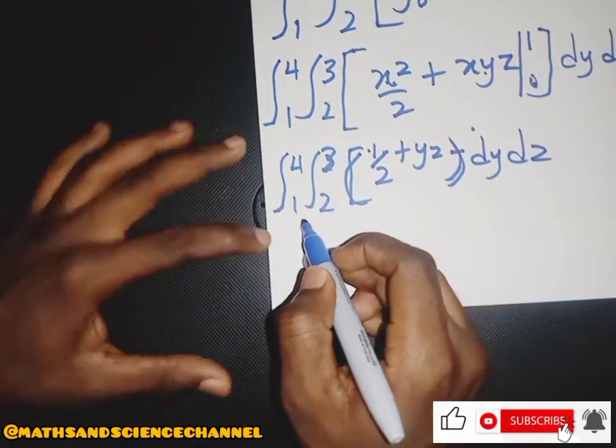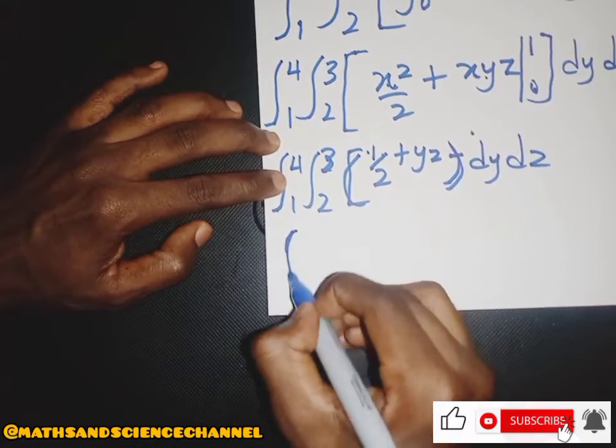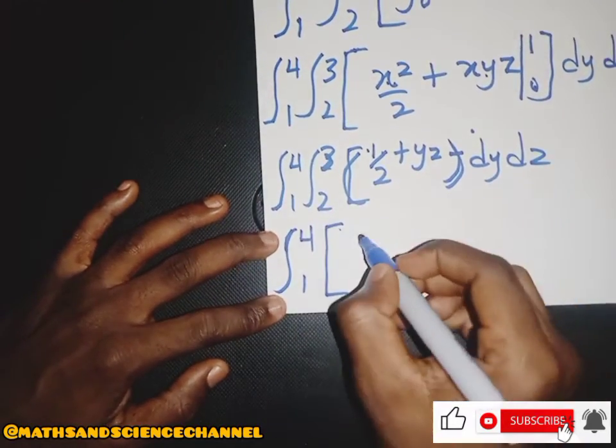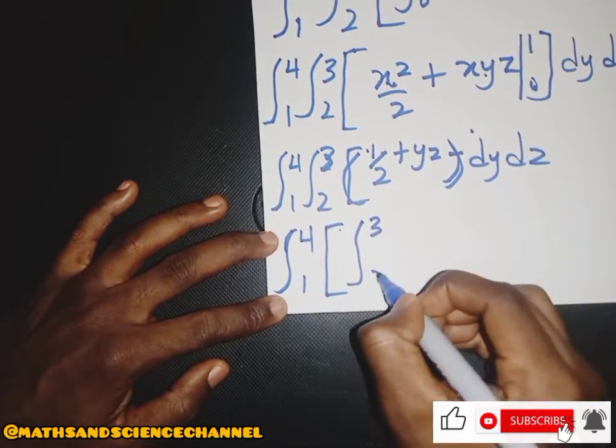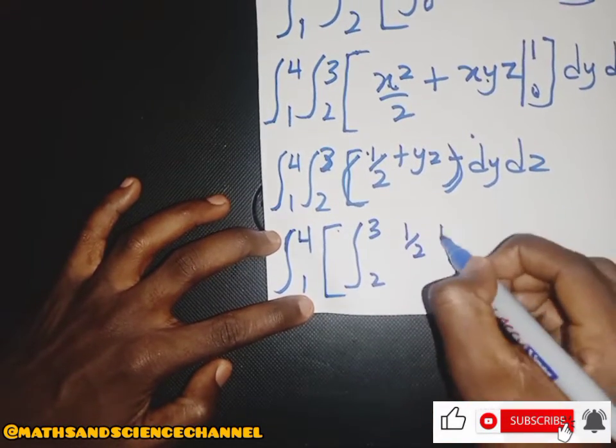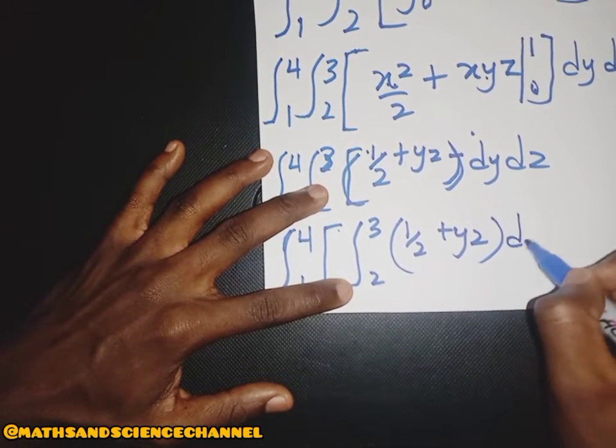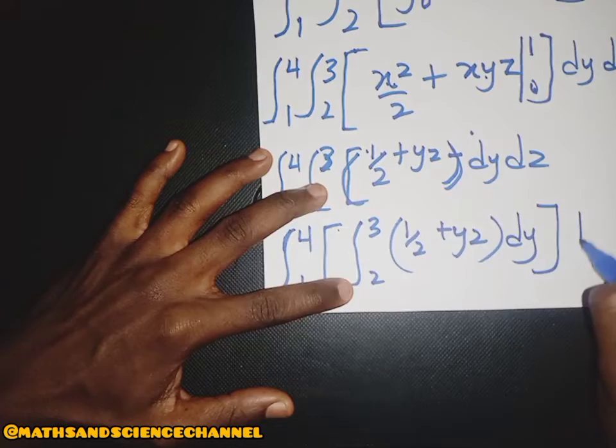Now let's look at y. We have the integral from 1 to 4 for z, and the integral from 2 to 3 of 1 over 2 plus yz, with dy and the z outside.